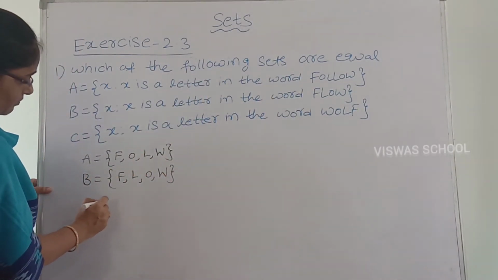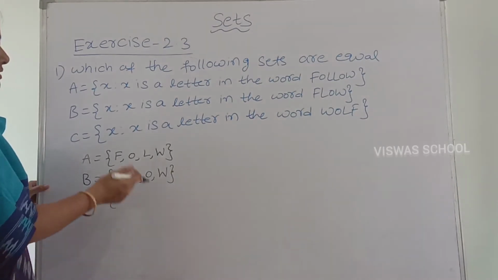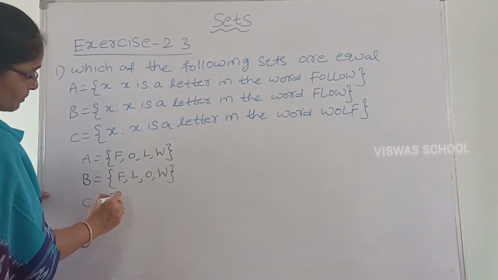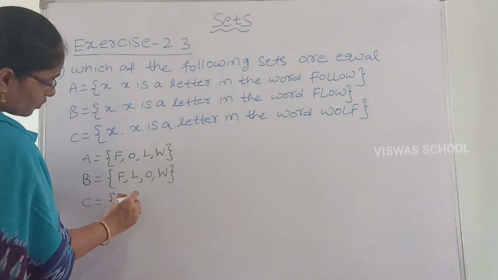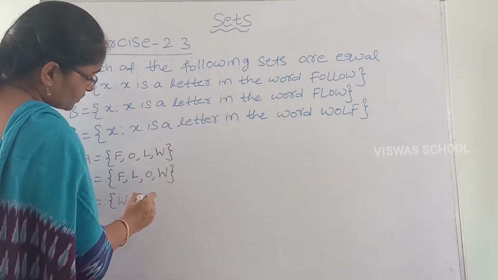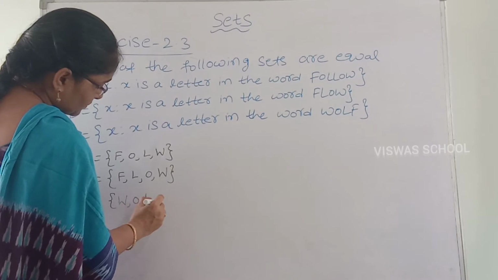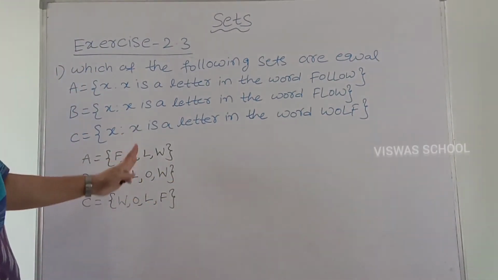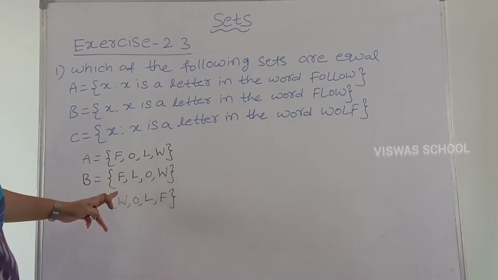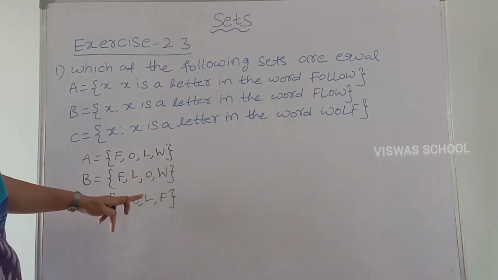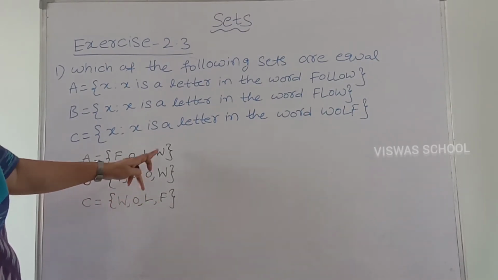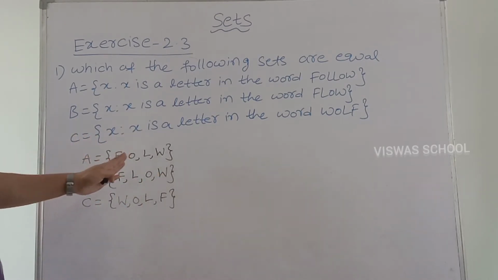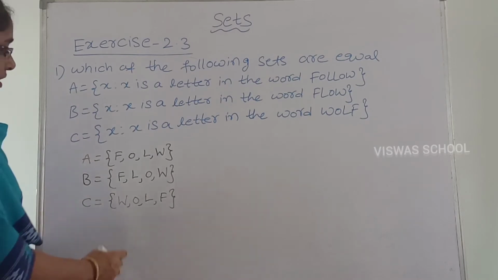And next C. In C also, X is a letter in the word wolf. That is W, O, L, F. Once you observe all these three, here F, F, F and L, L, L, O, O, O, W, W, W. That means the elements are the same.